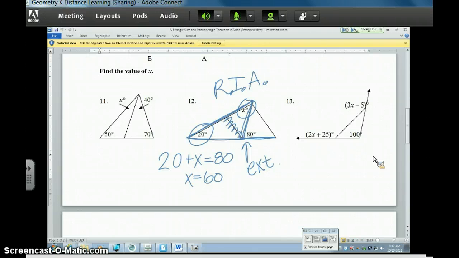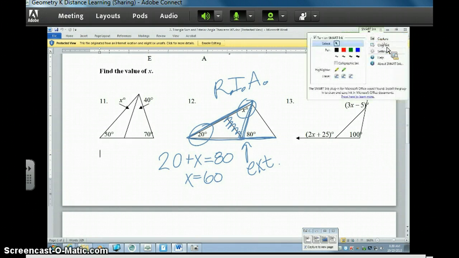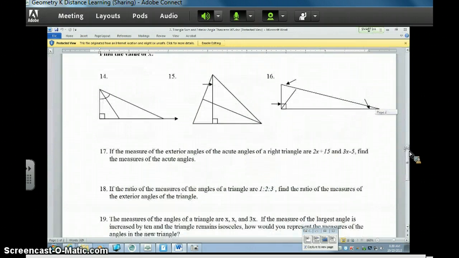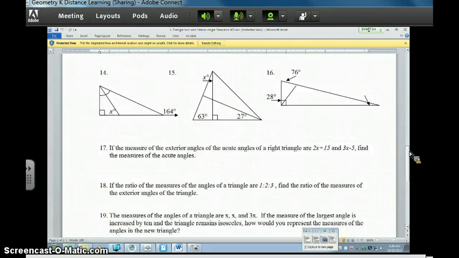All right, next one, that was 12, moving on to 15. Wait for the numbers to show up. There we go, there's our numbers. All right, 15, we're looking for angle x. It's weird. It looks like x is pointing to that segment, doesn't it?